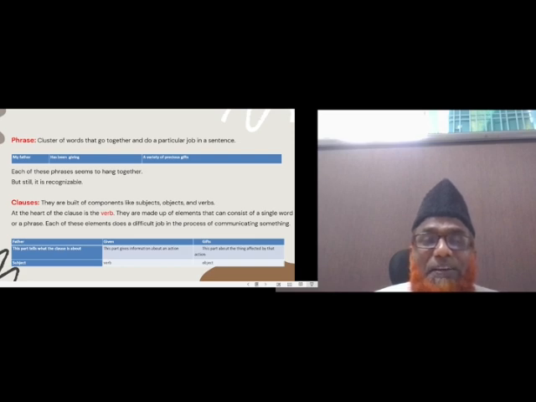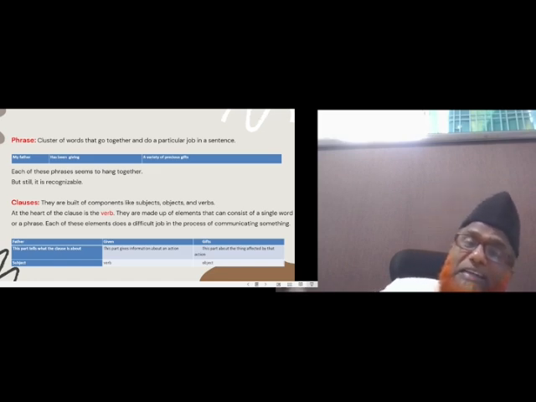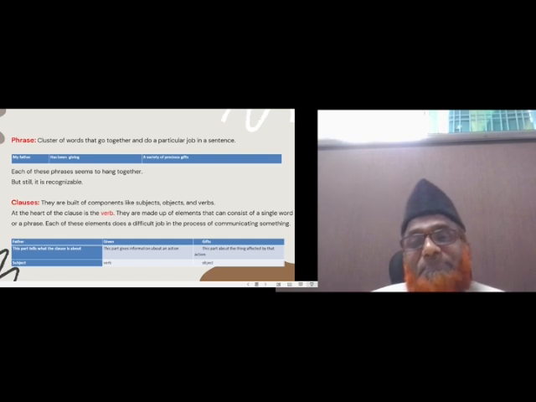Okay, this is the verb. Gifts, this part is about the thing affected by that action. Object is always an effect of a doer.